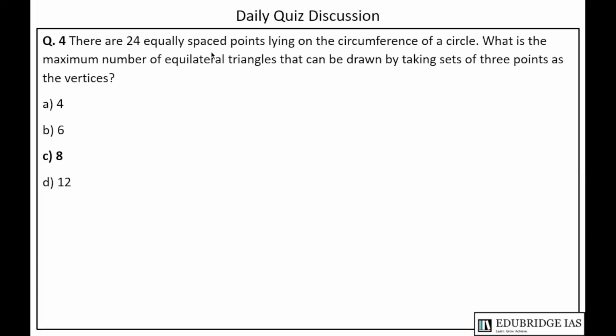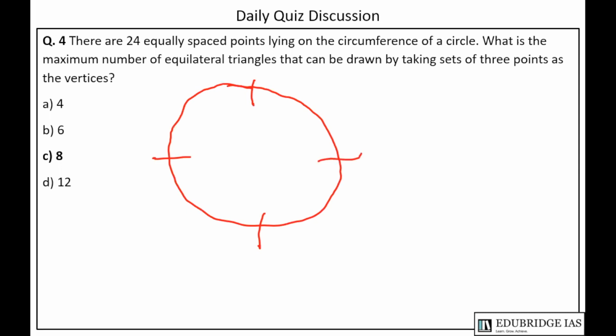Next question is, there is a circle, and on its circumference, 24 equally spaced points are aligned. Likewise, there are 24 points.